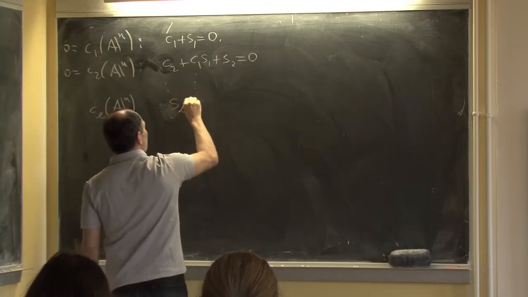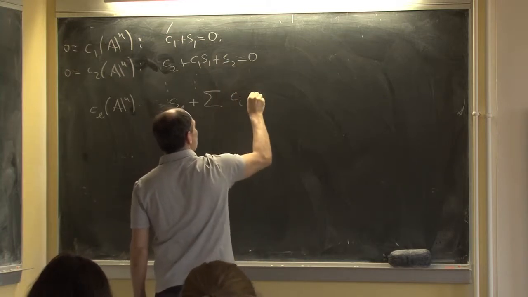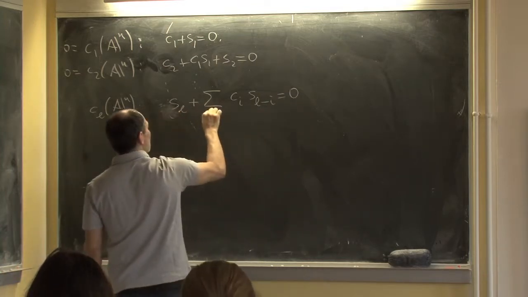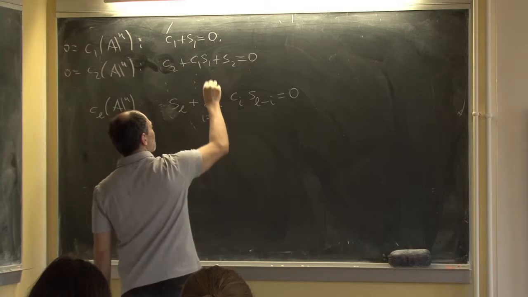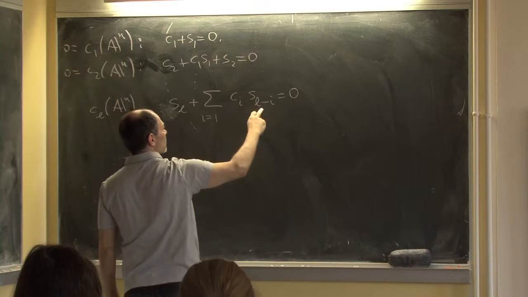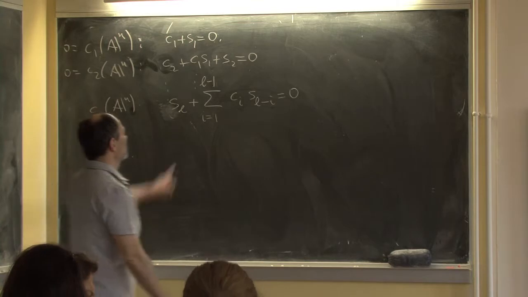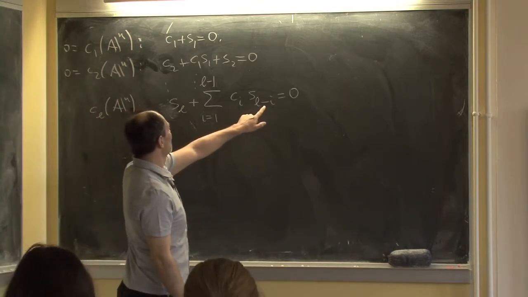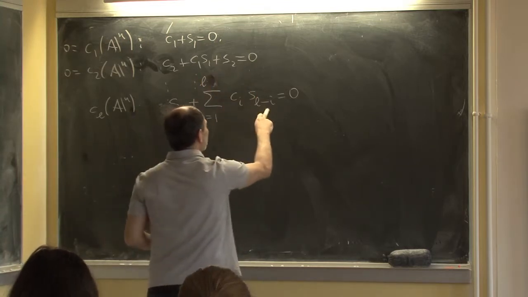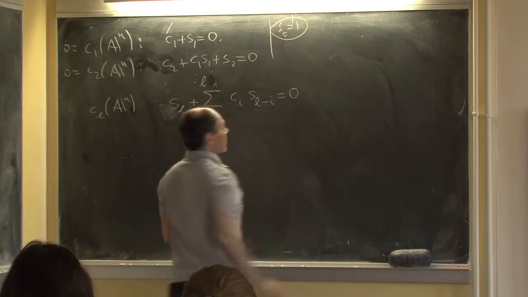SL plus the sum of CI SL minus I is 0, where I goes from 1 to L. Sorry, to L, yes, L, and we define S0 to be 1.